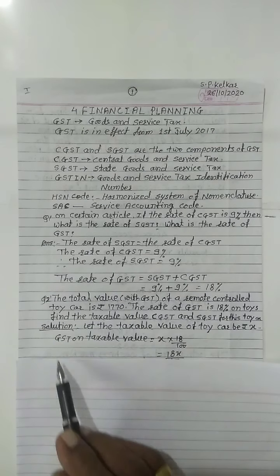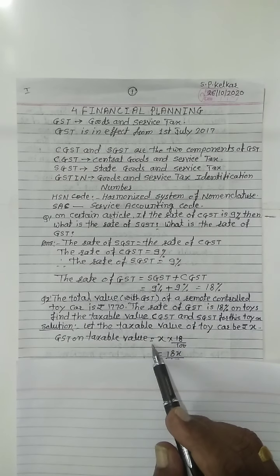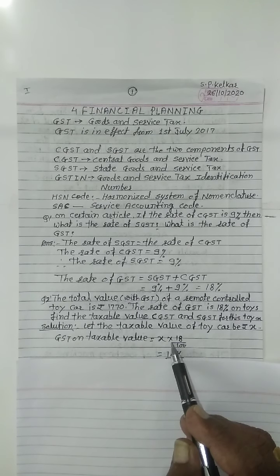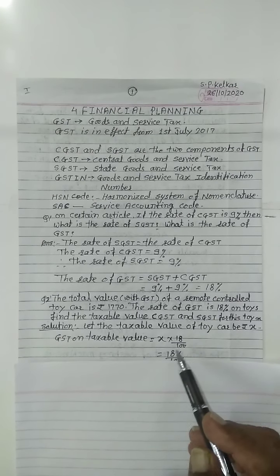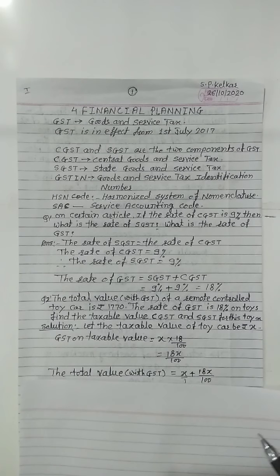Now find out the GST on this x. GST on taxable value equals taxable value into the percentage of GST, x into 18 by 100, that is 18x divided by 100.